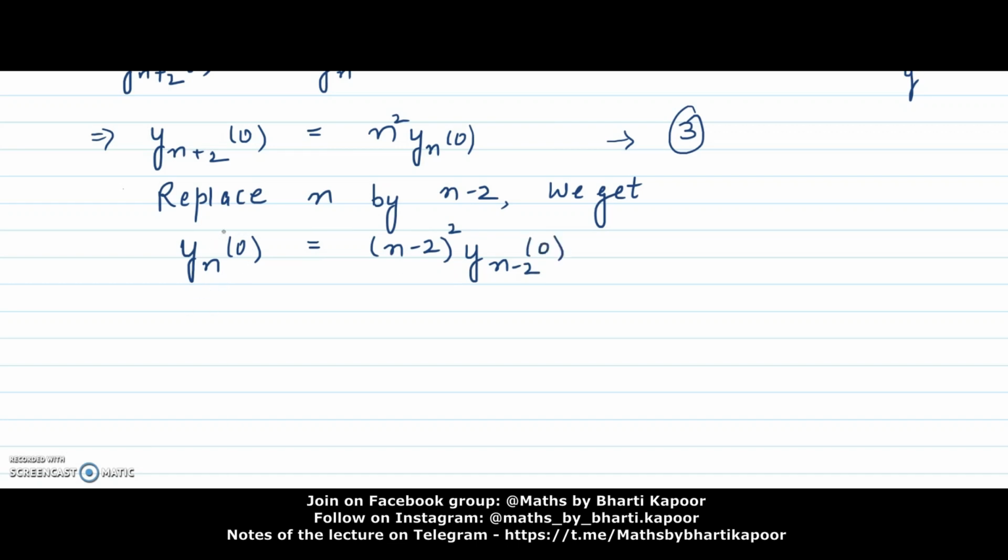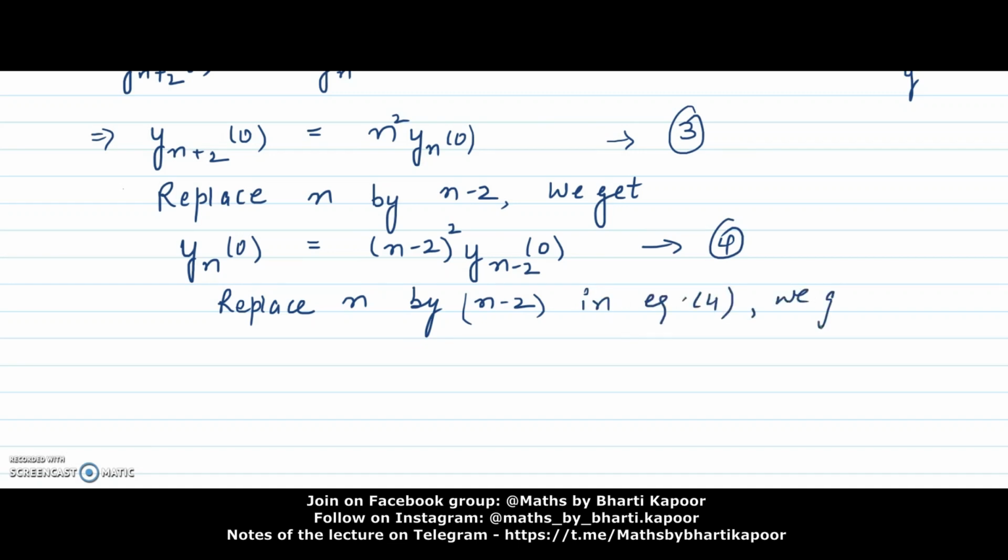So this is the value of yn at x is equal to 0. But this value depends upon the n minus 2th order derivative of y. We repeat this step. Now we will replace n by n minus 2 again, but this time in equation number 4.